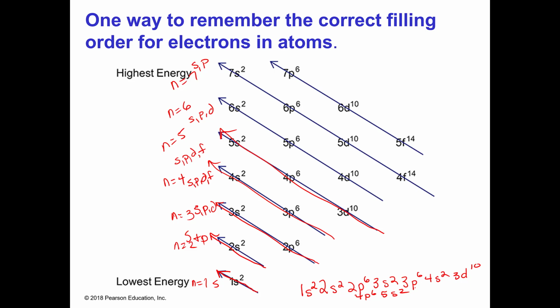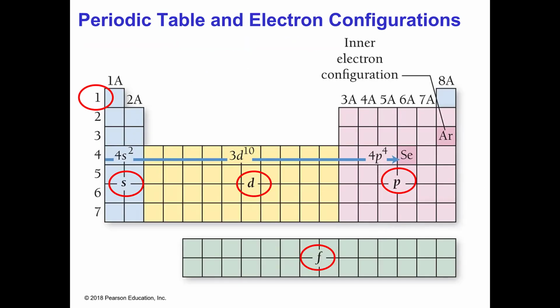You can also do it by looking at the periodic table. Okay, so if you look at the periodic table, this is 1s1. I'm doing it with the 1, right? So 1s1, 1s2. That's the only one that's a little sketchy. Then you get to the 2.